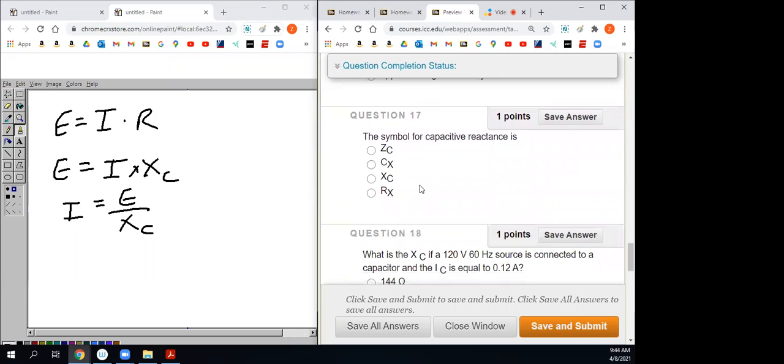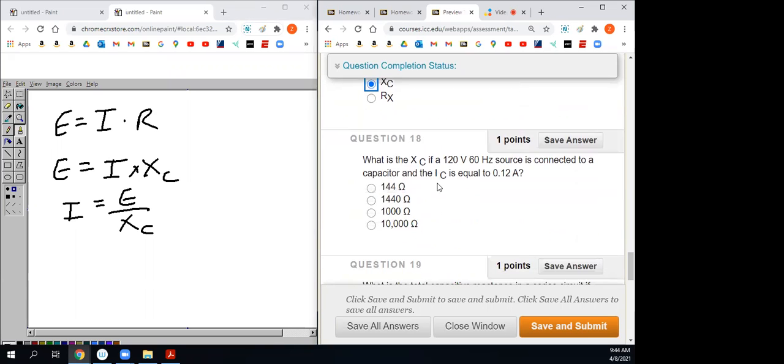The symbol for capacitive reactance is X sub C. What is the capacitive reactance if a 120 volt, 60 hertz source is connected to a capacitor and the capacitive current is equal to 0.12 amps?